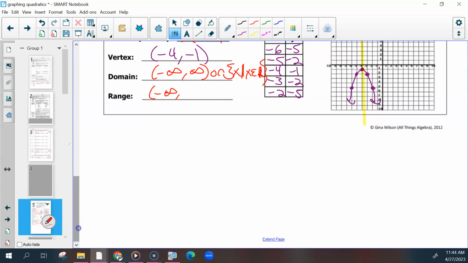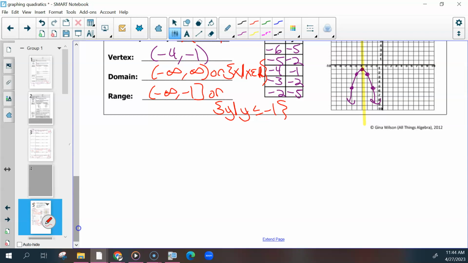Close. Negative 1. Or everything less than or equal to negative 1. Any questions on how we graph quadratics, find the axis of symmetry or vertex, domain, or range?